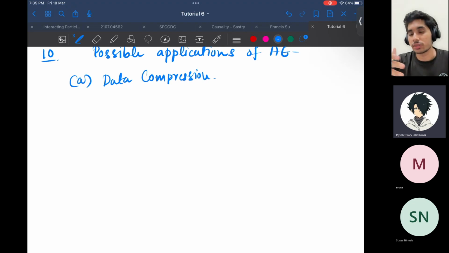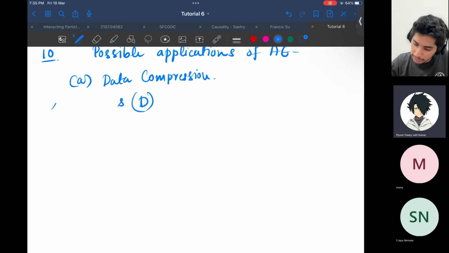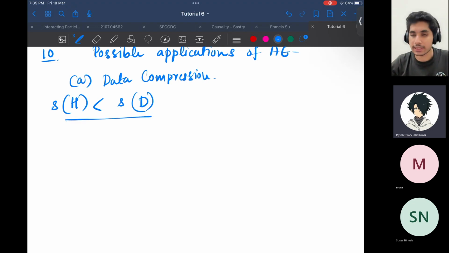It will ask you to reduce the size of the file to MBs, like maybe 50 MB or less than 20 MB. So data compression means that you have some data, let's say D is your data, there is some size of data. You need to come up with some representation, capital H, whose size is less than the size of the data, but it captures the essential information that is present in the data, right?